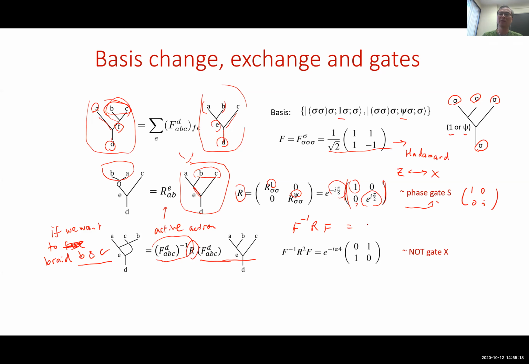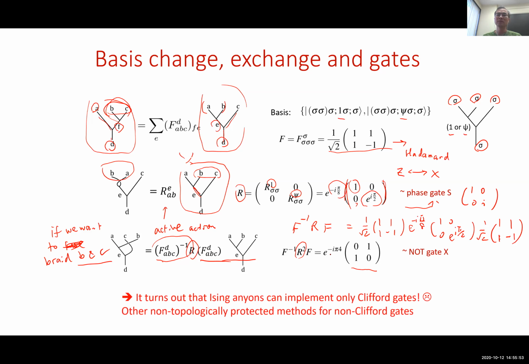And we have this, if you want, that's this. We can ignore the overall phase. We just copy here. Okay, but what I illustrate here, if you braid B and C twice, you get a NOT gate up to a phase.